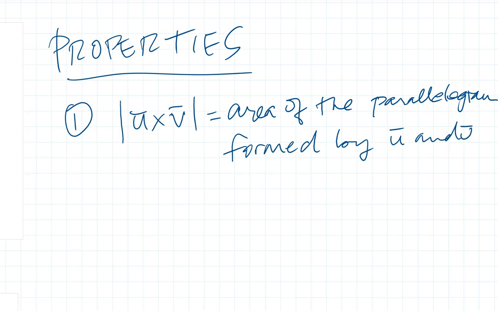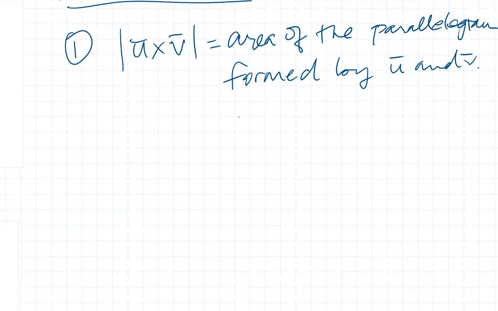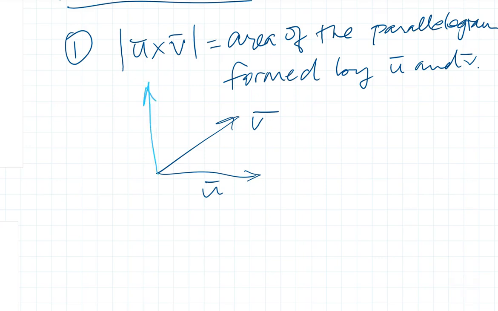Okay, so if you take essentially u and v, good old u and v. I think the book uses a and b a lot. It's fine. If you take u and v and then you look at the cross product here, u cross v, and the length of that cross product is going to be the area of the parallelogram formed by u and v.